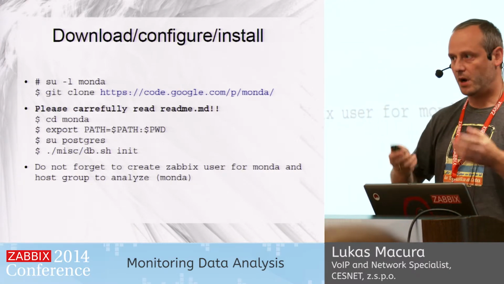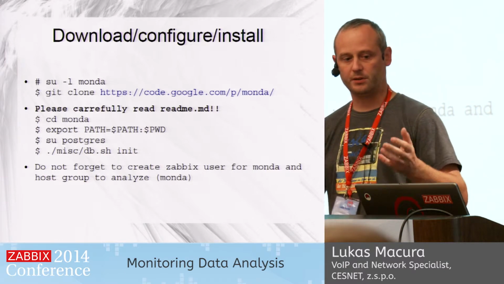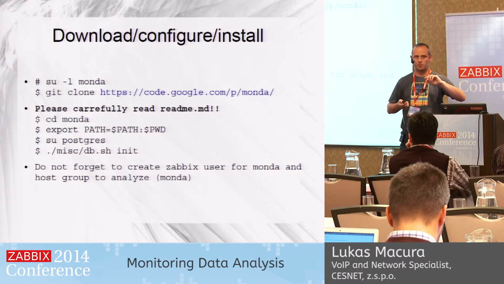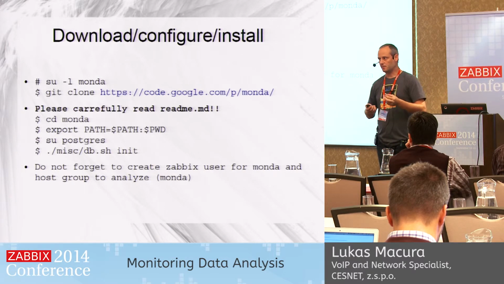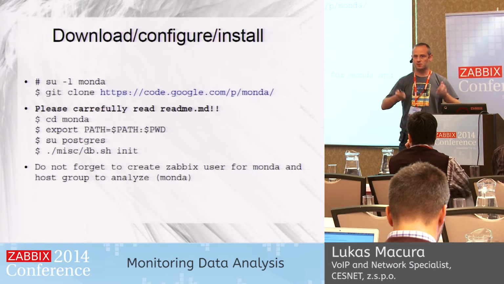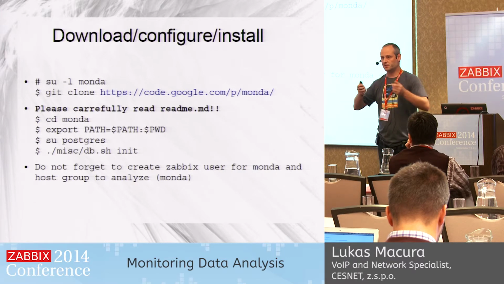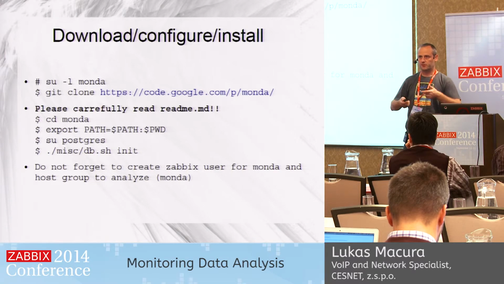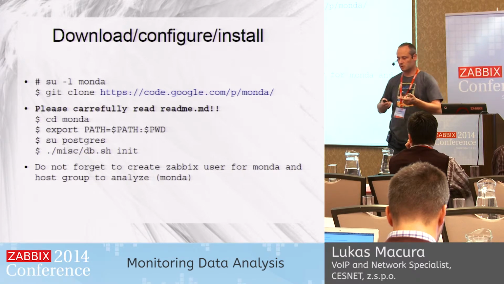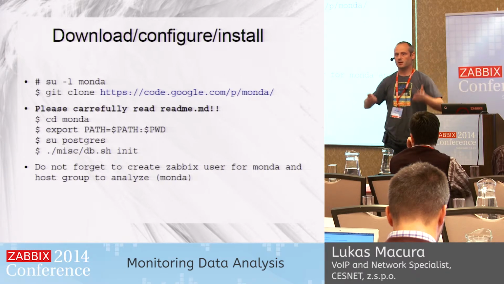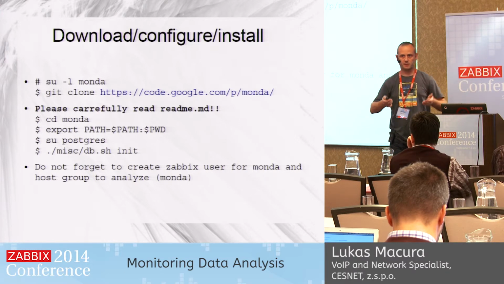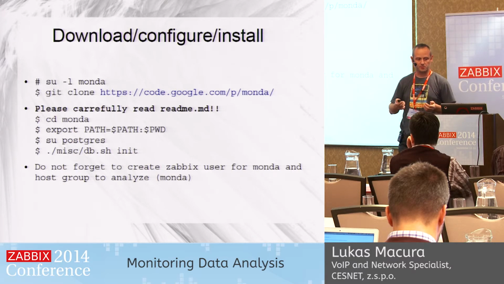So you can have one database for both, but it's recommended to have two. The second goal of Monda is to use idle time. Everything inside Monda is made for idle time of the server. So if CPU is used too much, or if there is disk I/O, Monda will stop. This is a feature that Monda will work only in idle time of CPU.